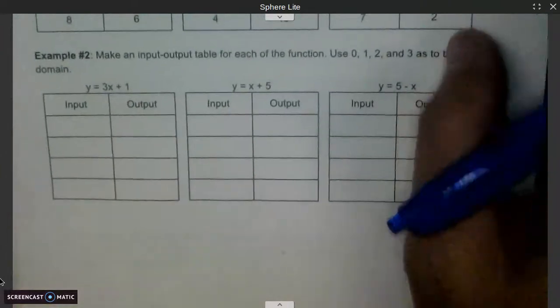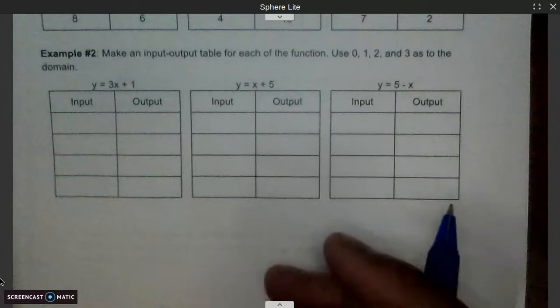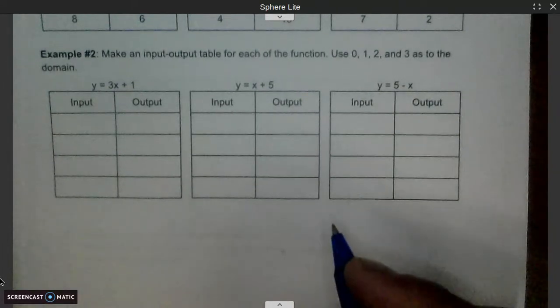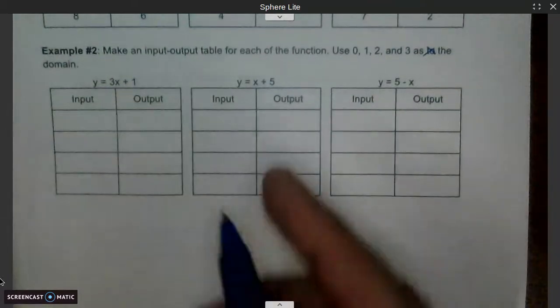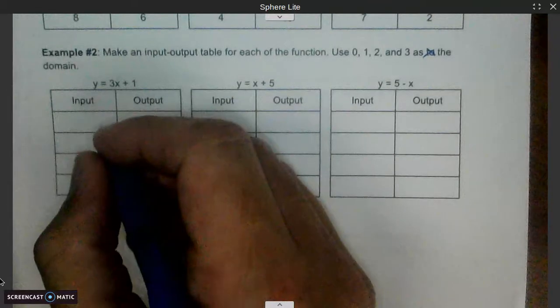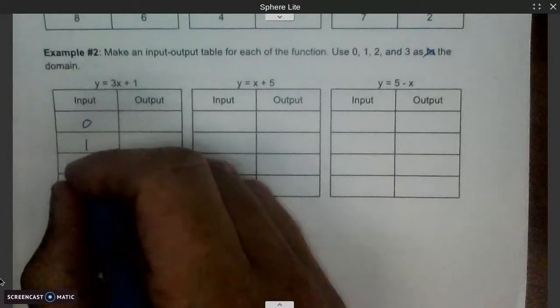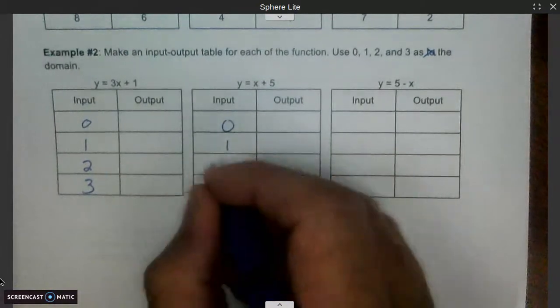We want to make an input-output table for each of the functions. Use 0, 1, 2, and 3 as the domain. So our input for each of these values is going to be 0, 1, 2, and 3. This will be true for all these cases.